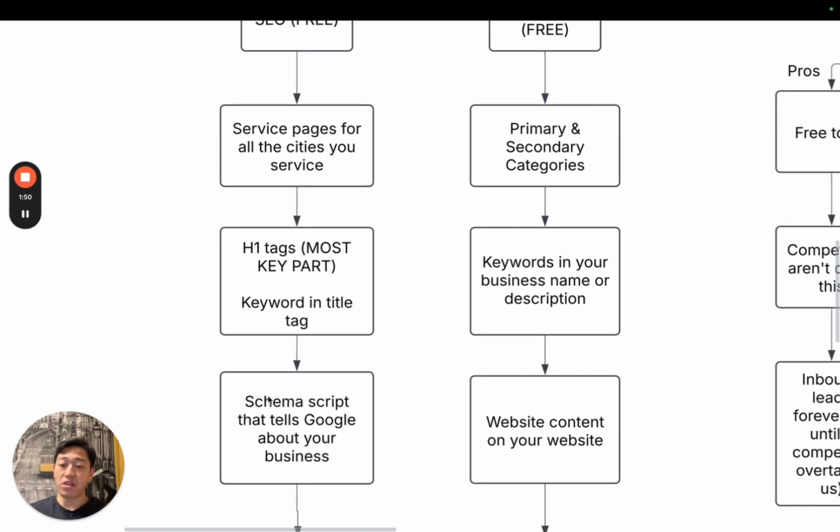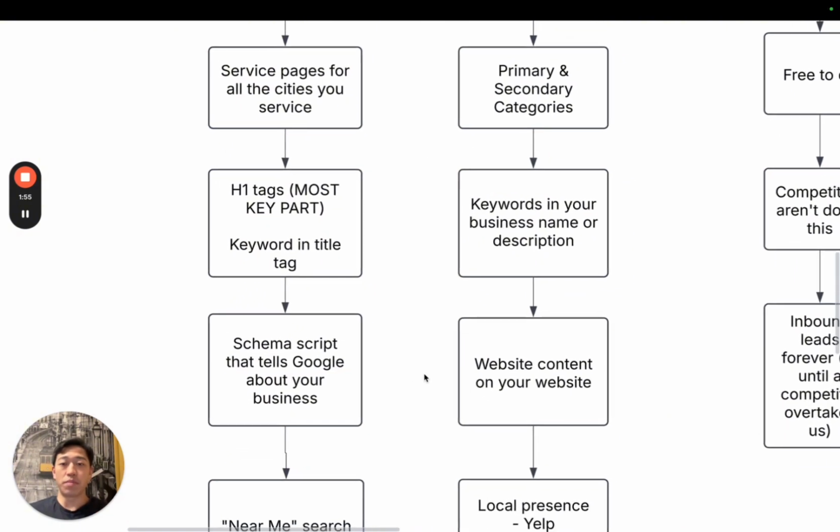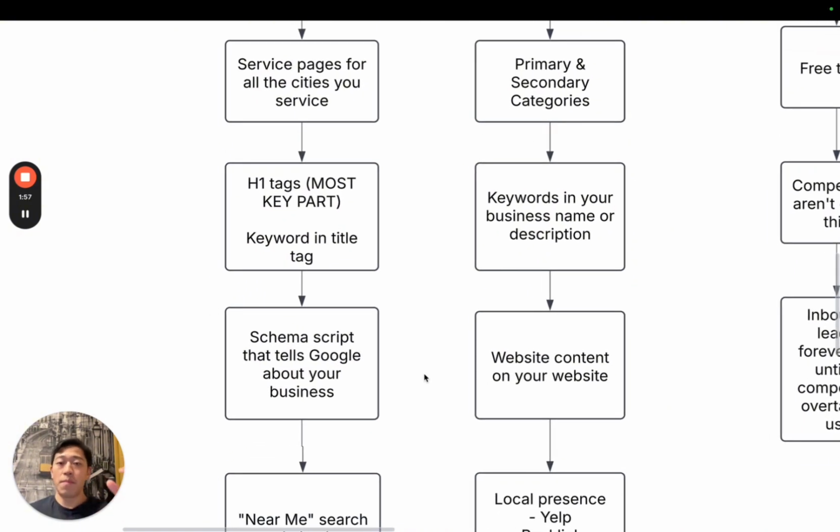On top of that, there's this thing with schema scripts that tells Google about your business. Whenever Google is crawling through your pages and your competitors' pages, it's looking at what is the best fit for the person searching for this keyword. So whenever a homeowner searches for a keyword, you need to have a schema script that shows what service you offer, the price point, the different reviews you have, the hours your business is active, and also the cities that you service.